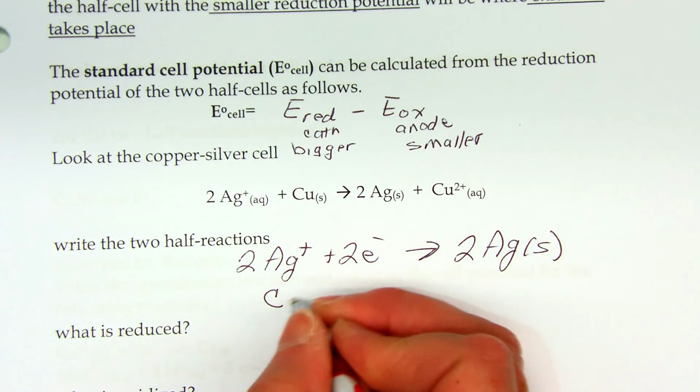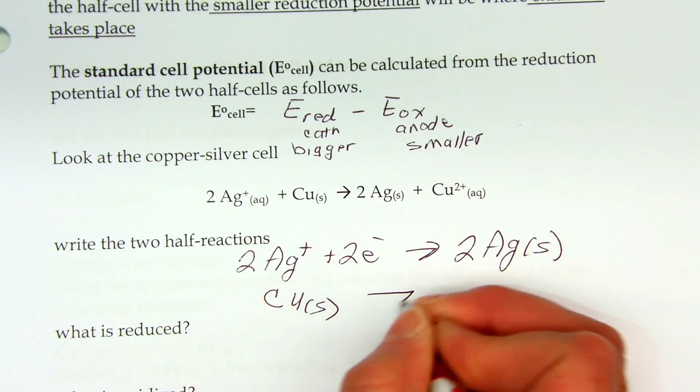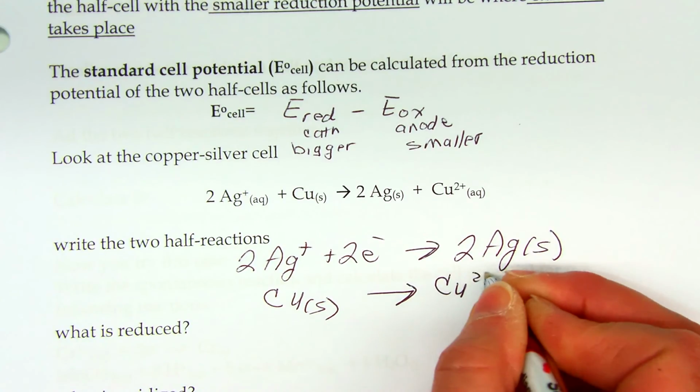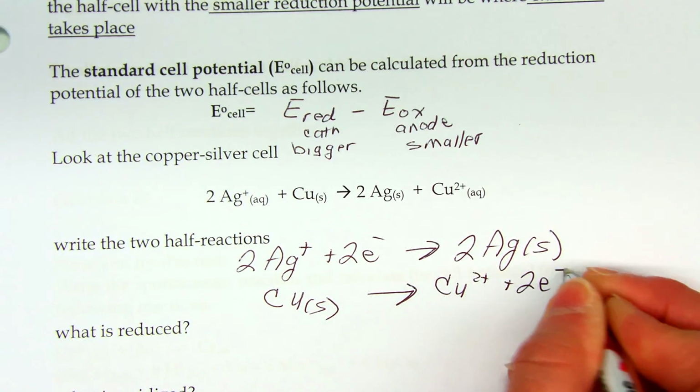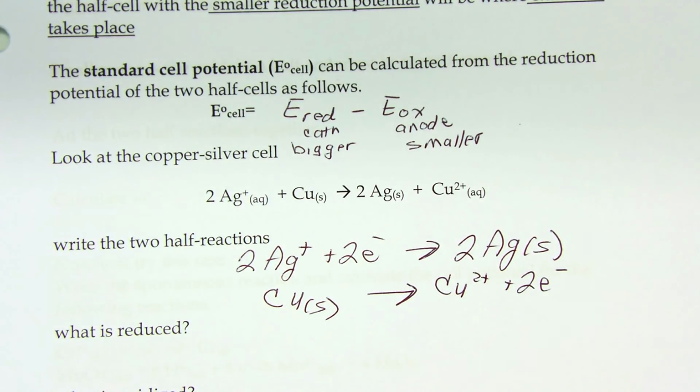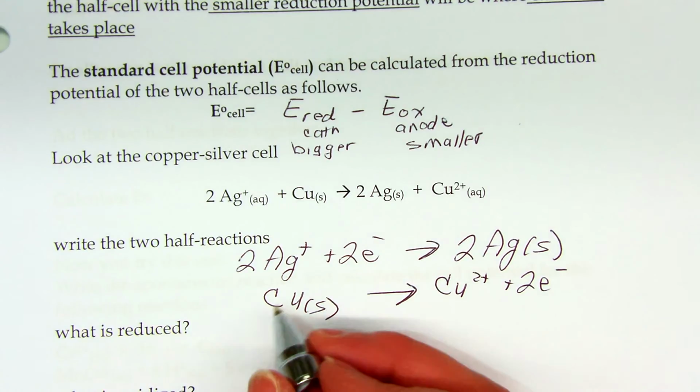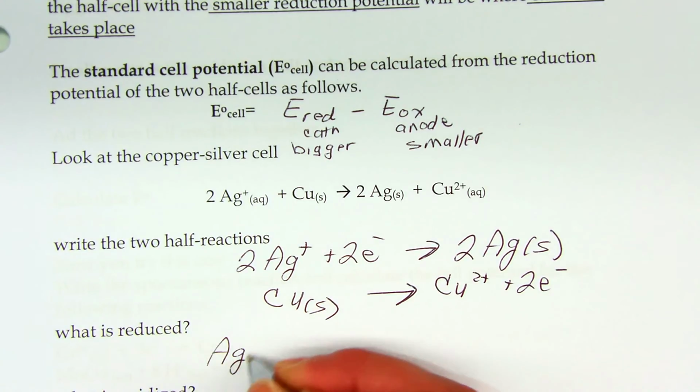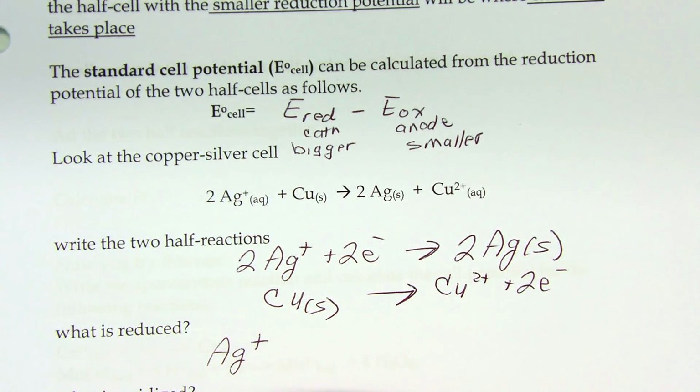And we have copper solid becoming copper 2+ plus 2 electrons. So what is getting reduced and what's getting oxidized? What's getting reduced is gaining electrons, so the silver ion is getting reduced, and the copper solid is getting oxidized.